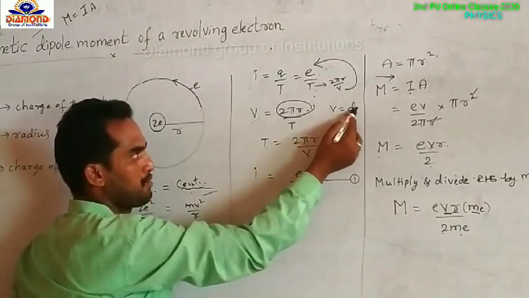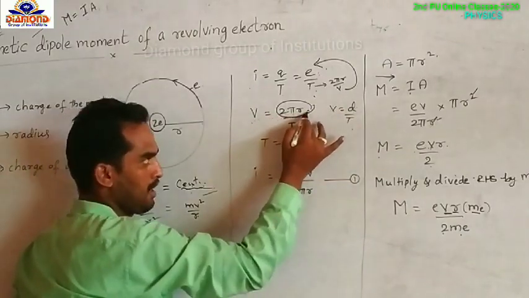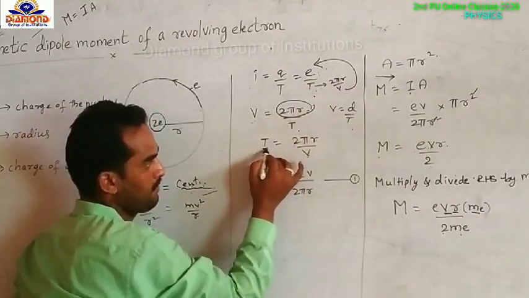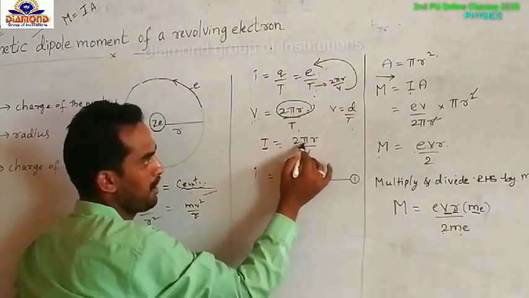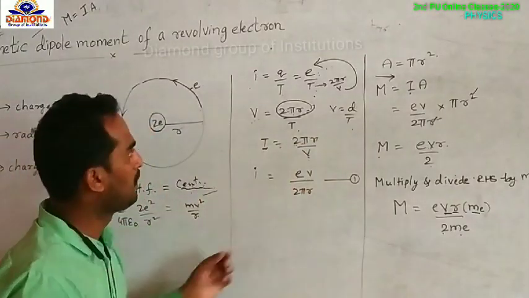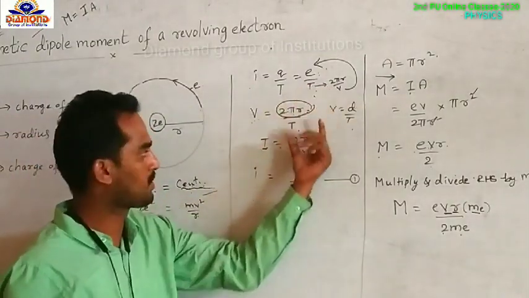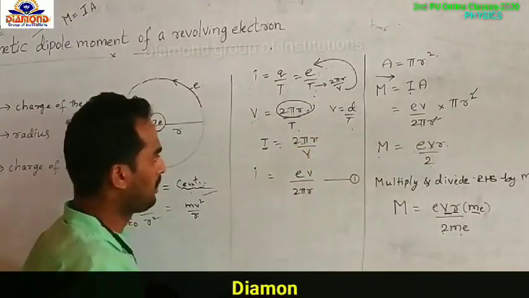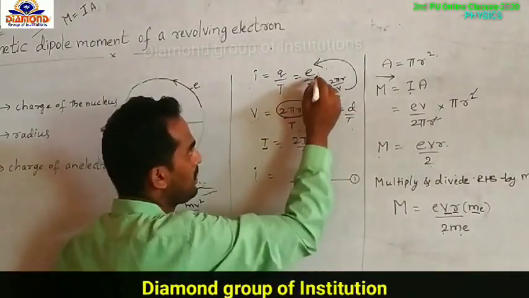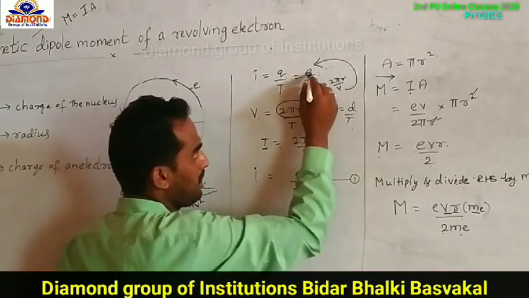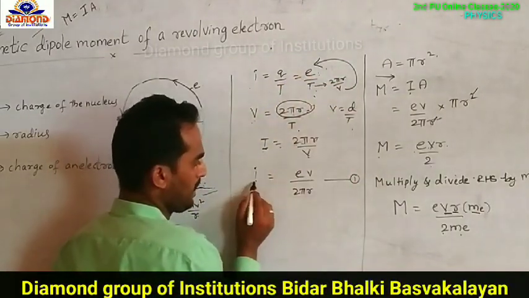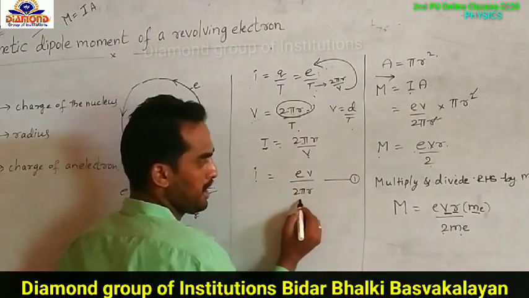What is the displacement value? 2 pi r by t. We want the time value, so T becomes 2 pi r by v. If you substitute this value 2 pi r by v in place of T, then I becomes e divided by 2 pi r by v. So we can write I equal to ev by 2 pi r.